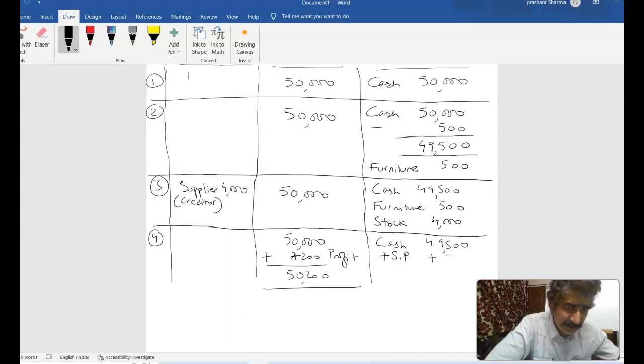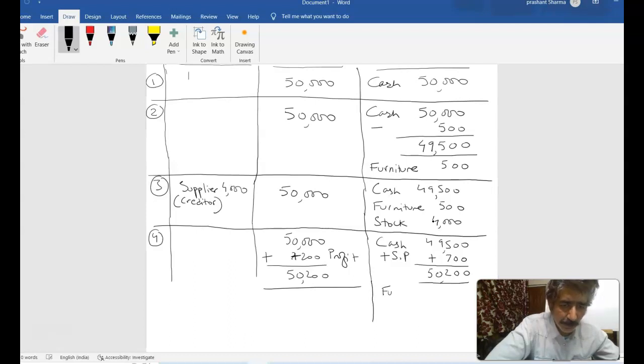So plus 700 I'll add in the cash. I repeat, in the cash I'll add the selling price because we are receiving it from the customers. 7 and 5 makes 12, carry 1, 0, carry 1, 50,200. So my cash balance becomes 50,200 children.